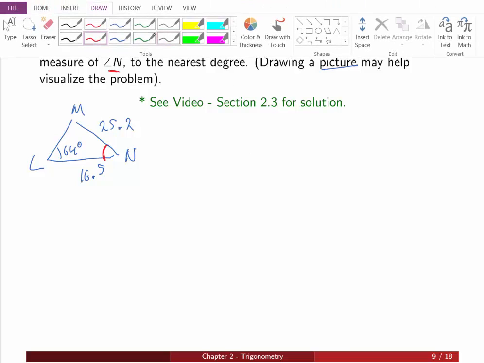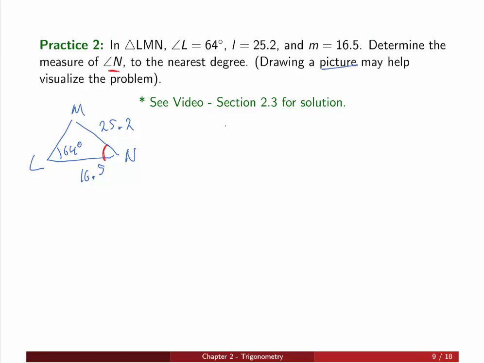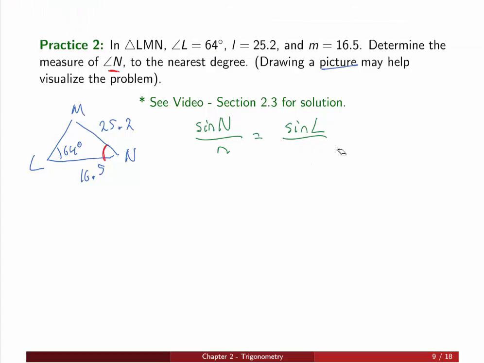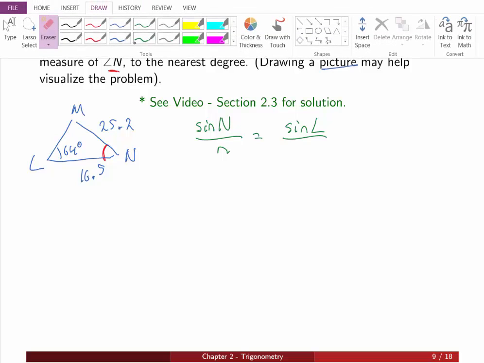Okay, so let's go ahead and start this. This time I'm going to place angle N in the numerator. We know we're going to have that. Right away though, we actually can get right into solving this because, I apologize, before I plug stuff in, I should write it out.